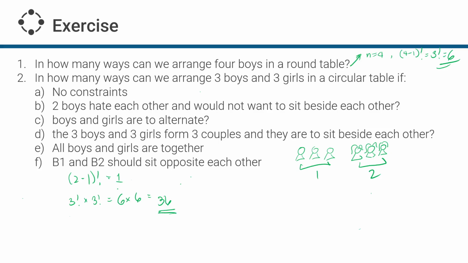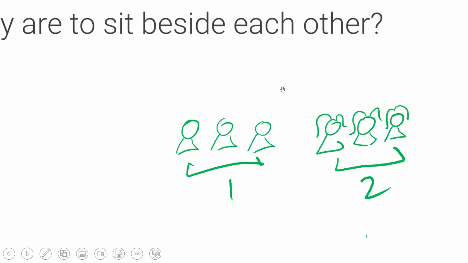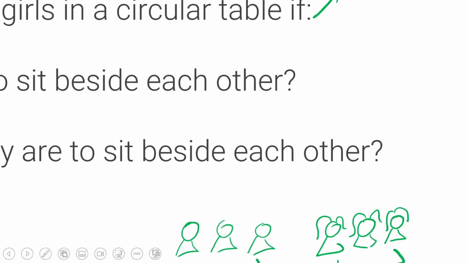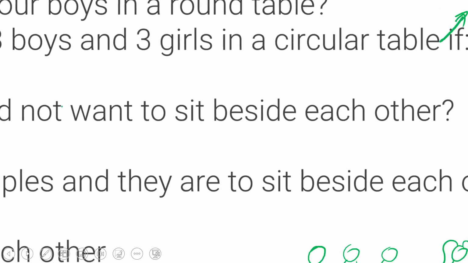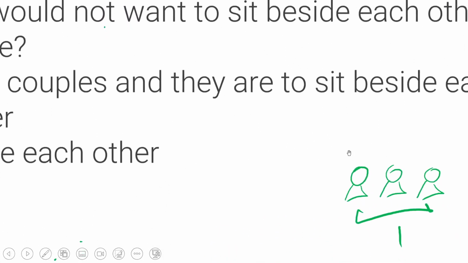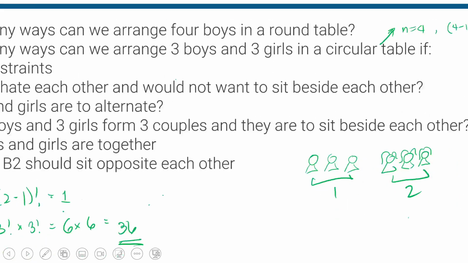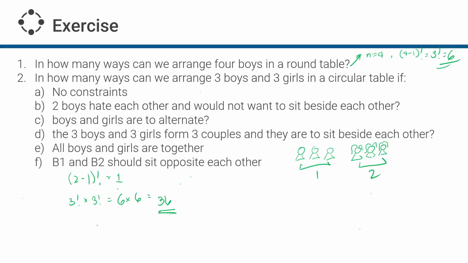Now, those 36 permutations, you will multiply with the circular permutation arrangement, which is 1. So we have 36 times 1 equals 36. So there are 36 ways to arrange them with all boys and girls sitting next to each other.